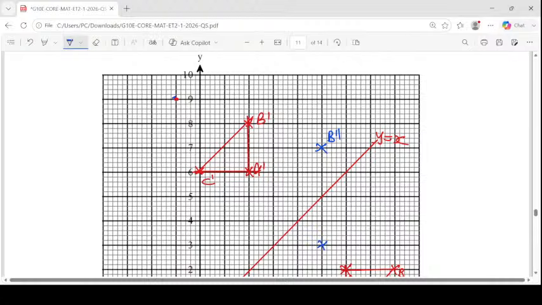Then this is my A double prime. My C double prime is this way. It will be here. My C double prime.